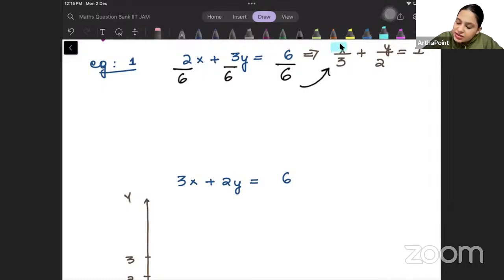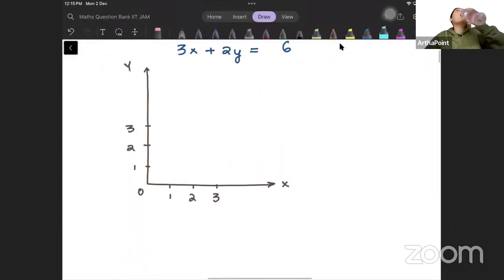It means that the x-intercept will be 3 and the y-intercept will be 2. The x-intercept will be 3 and y will be 2. You join them and you get a line.